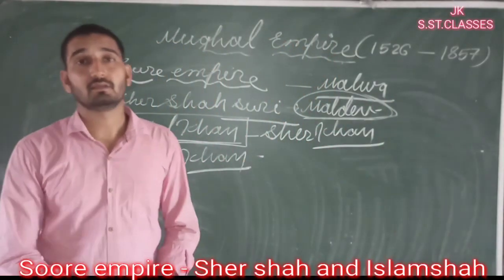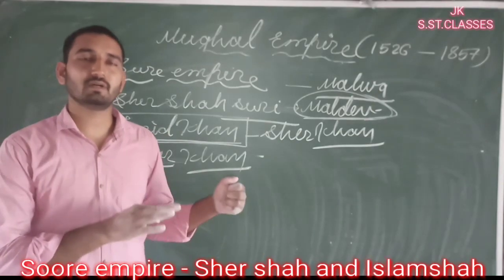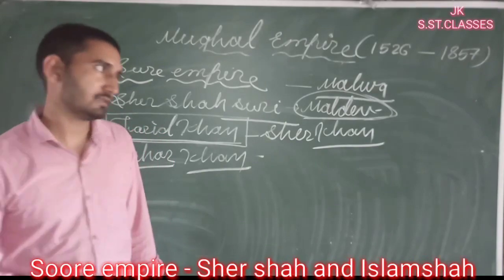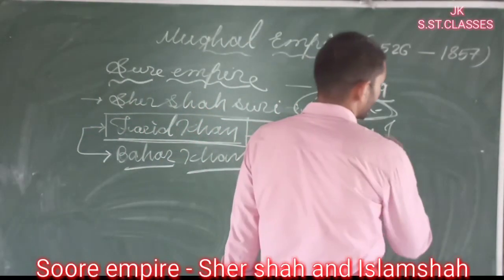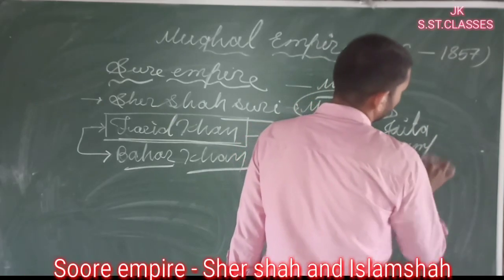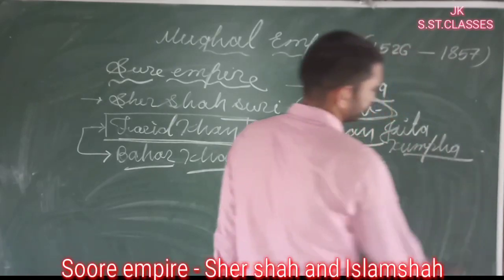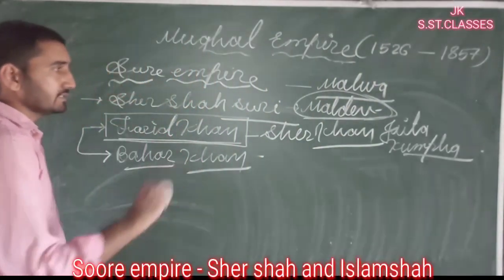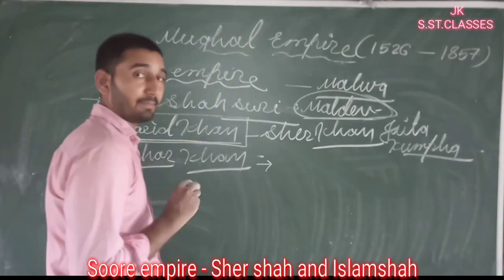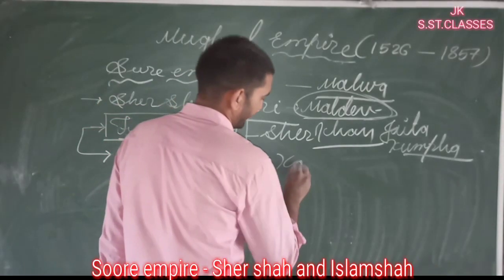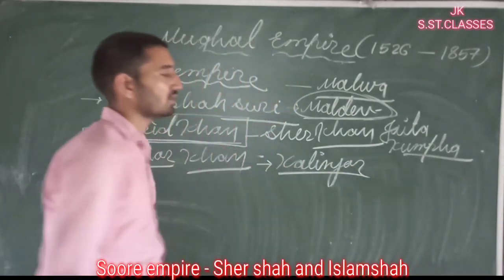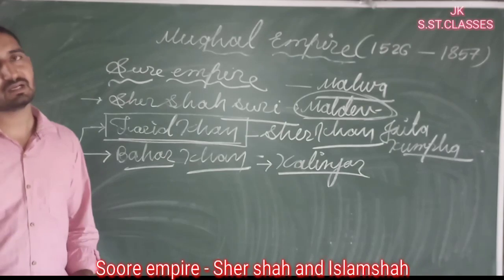In this battle, Sher Shah faced a stiff struggle by two military commanders of Maldev, Jeta and Kumpa. After this battle, in the Battle of Kalinjar, due to explosion of gunpowder, finally Sher Shah died.